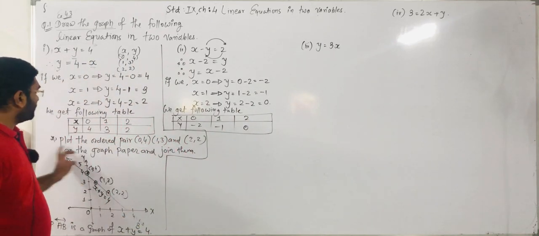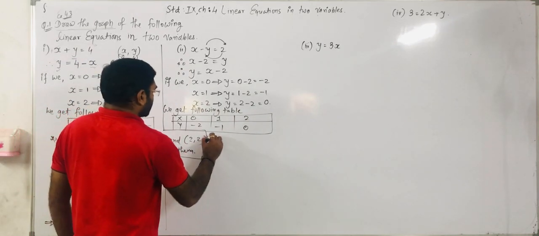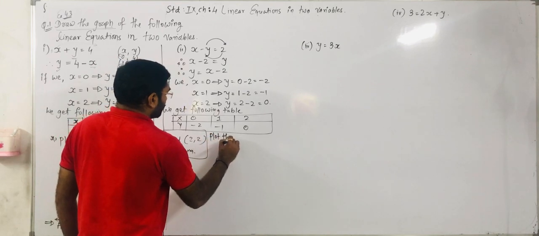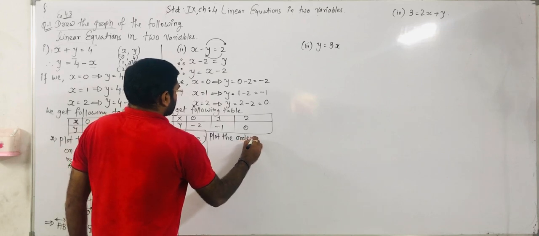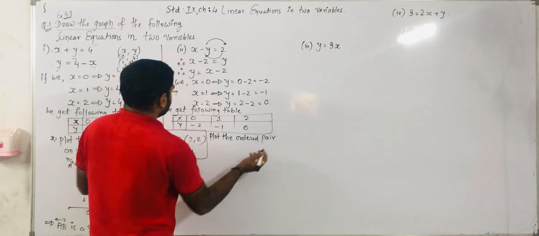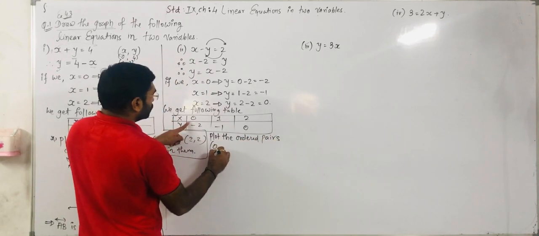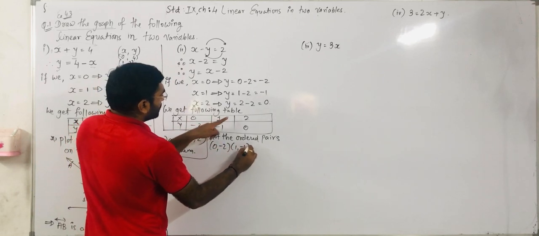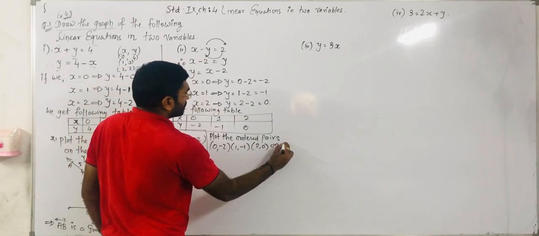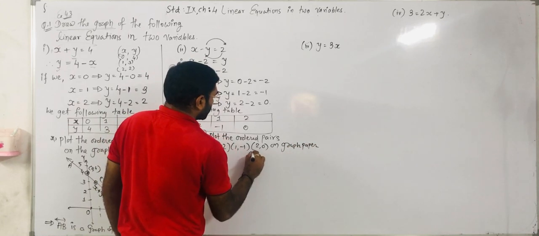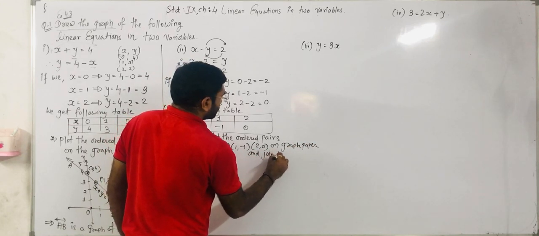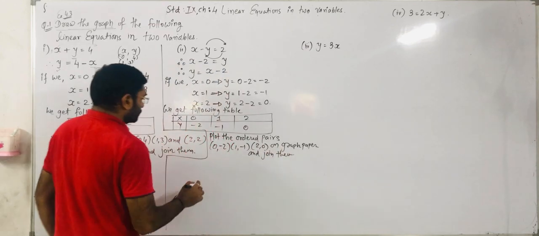Okay, so the same way we have to plot the ordered pairs (0, minus 2), (1, minus 1) and (2, 0) on graph paper and join them. All these points we have to join.